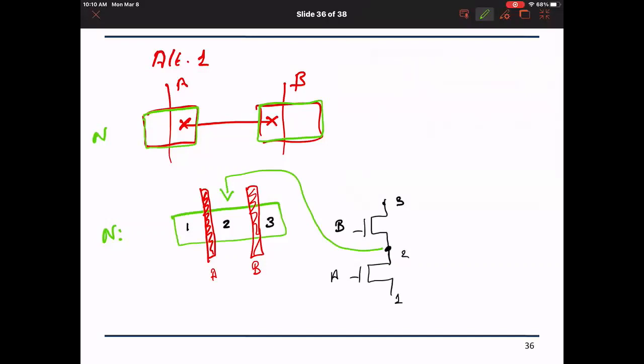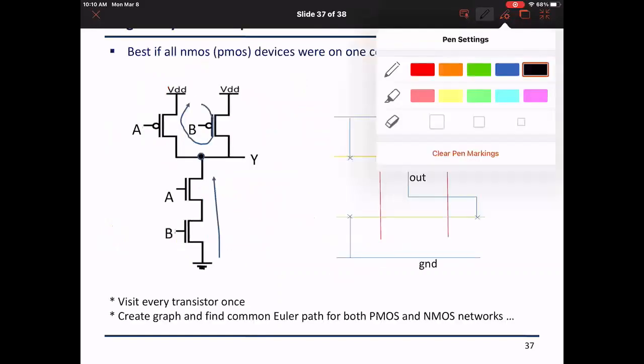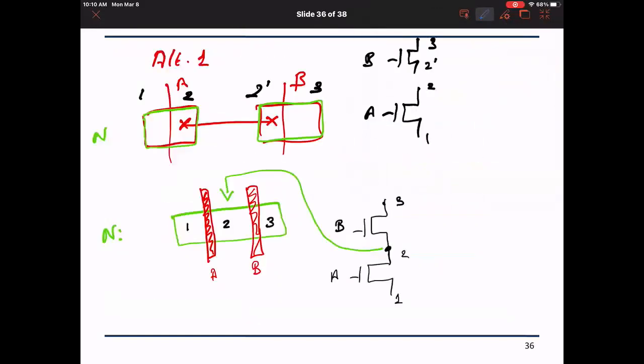Whereas in this circuit, it is the same. So I have transistor A. Okay, so this is node 1, 2, 2 prime, and 3. So A is between 1 and 2, and B is between 2 prime and 3, and I connected them, pardon me, I connected them using the metal here.